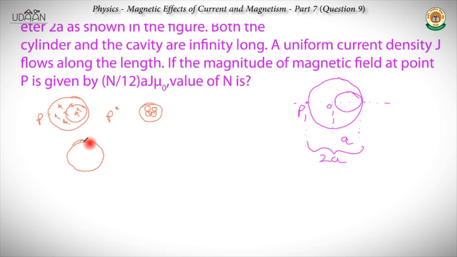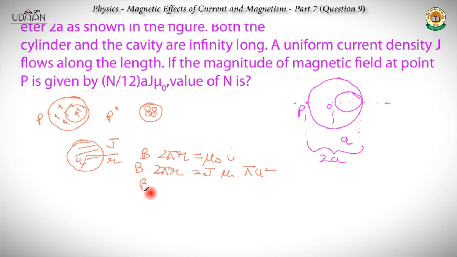If a cylinder or wire carries a particular current density J, and we have to find the magnetic field at a distance r from the center, then B into 2 pi r equals mu naught I, which is J into mu naught into the area, pi a square, where a is the radius.